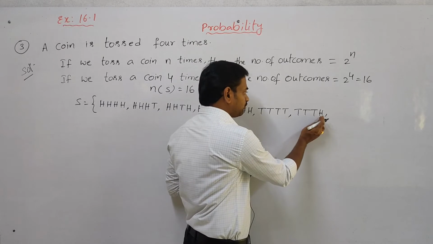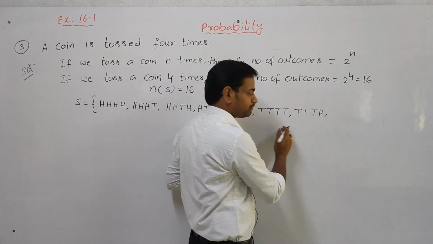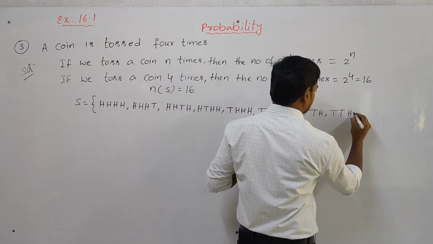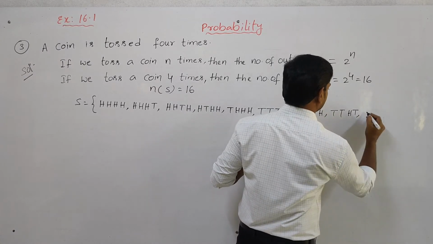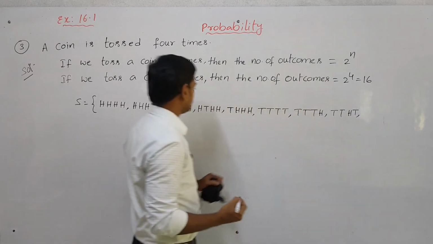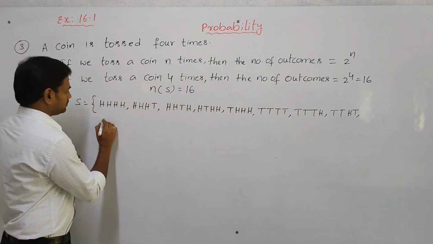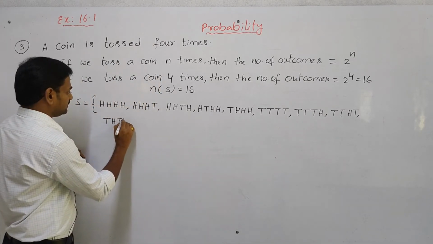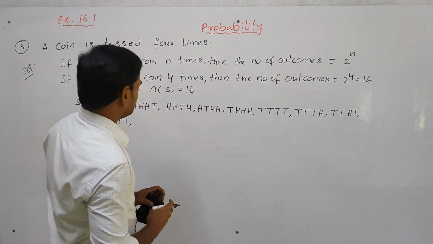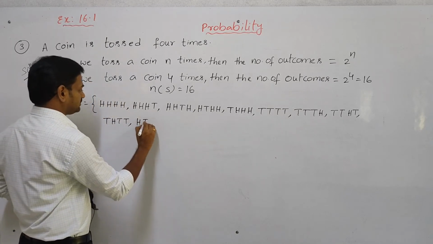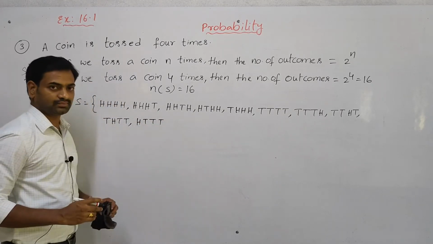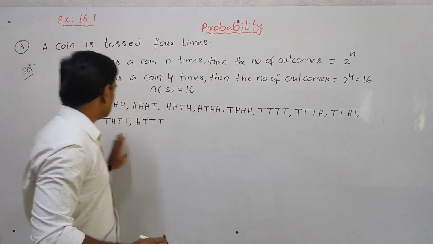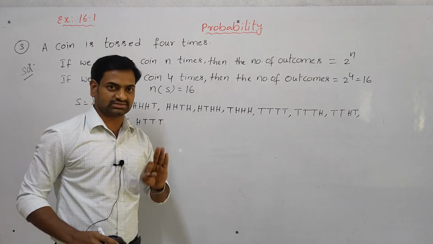Now move this head forward to this side: tail, tail, head, tail, next tail, head, tail, tail, next head, tail, tail, tail. If you observe here, these are the 4 tails and the remaining 4 are containing 3 tails.